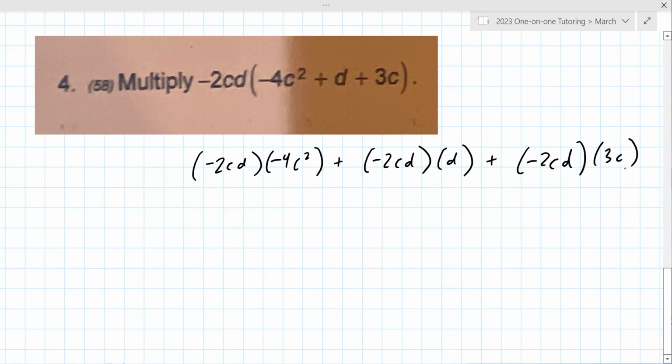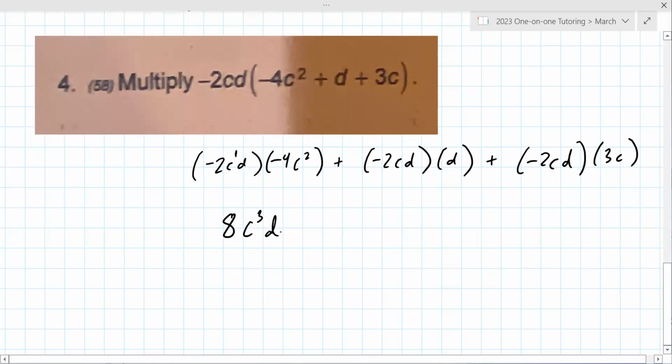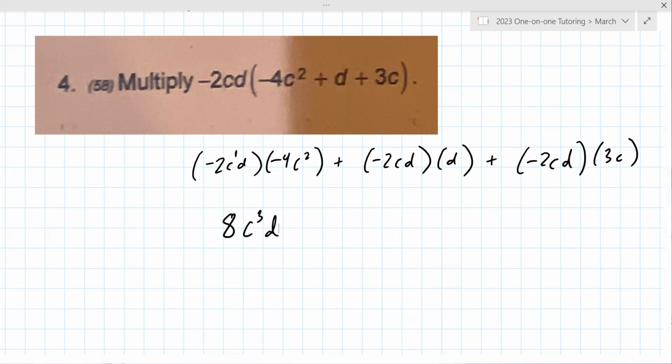All right. And then you got to multiply here. You multiply the numbers. Minus 2 and minus 4 is 8. C to the 1, C squared is C cubed. D remains the same. Do you want to try the rest? Let me know if you got any questions as you go through that.